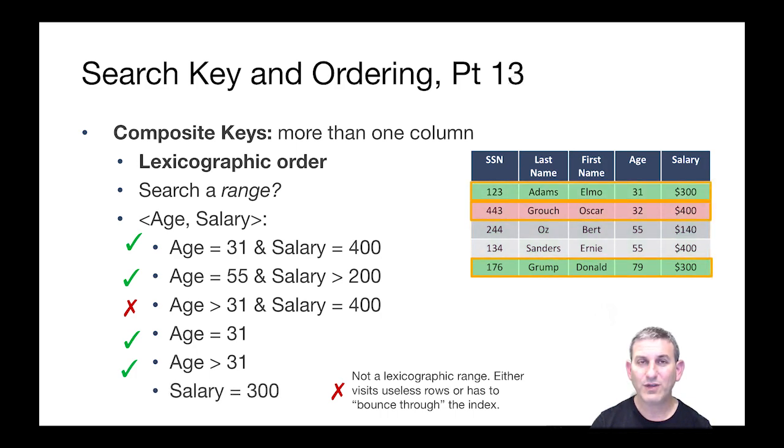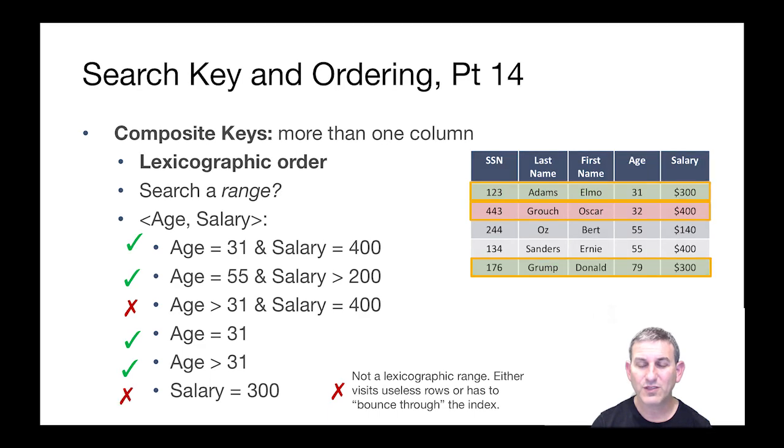One more here, salary equals 300. Okay. And you can see that Elmo Adams matches and Donald Grump matches, but there's a bunch of stuff in the middle that doesn't. So we could start with Elmo Adams and we could look further down the range and see no matches, but there's other stuff to go find. So again, we'd have to kind of bounce around somehow looking for all the salary equals 300.